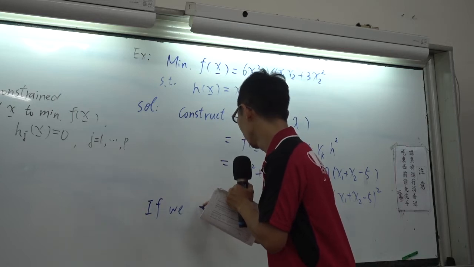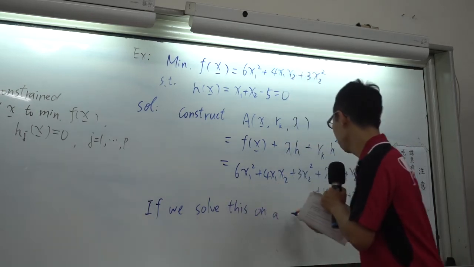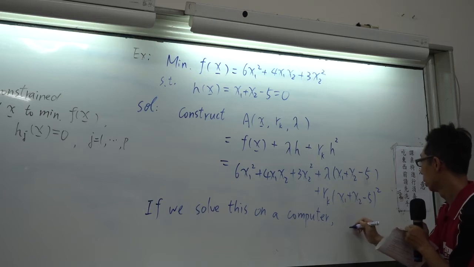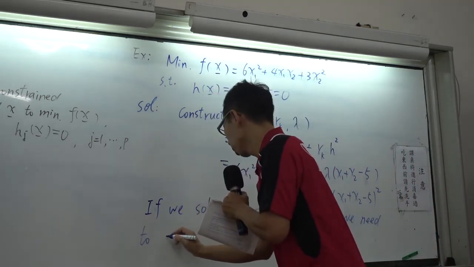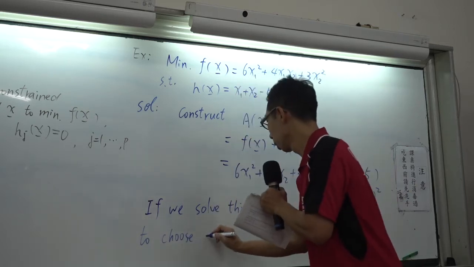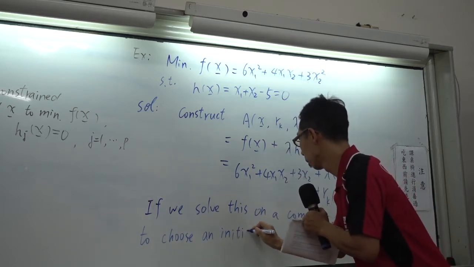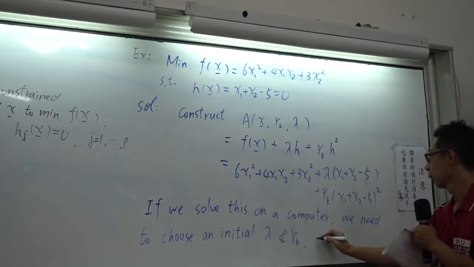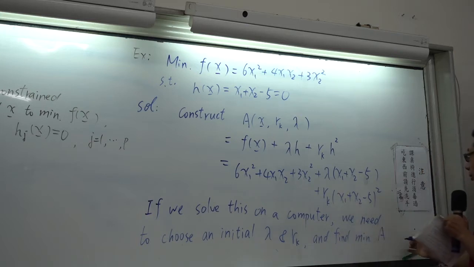If we solve this on a computer, now we need to choose an initial lambda and Rk and find the minimum value of function A. Okay, yeah. So that's what we do on the computer.